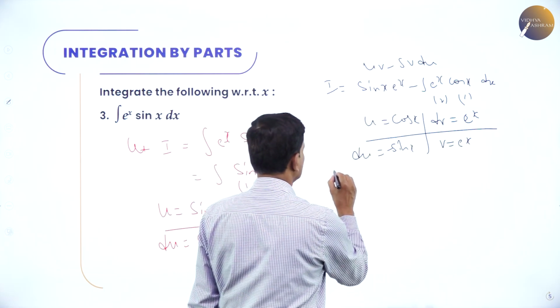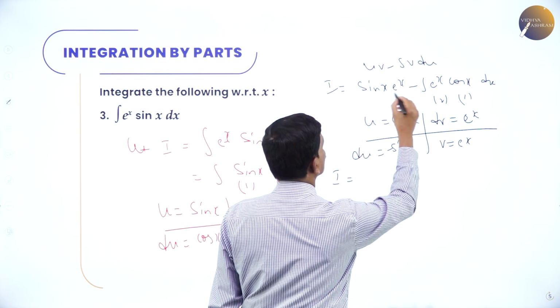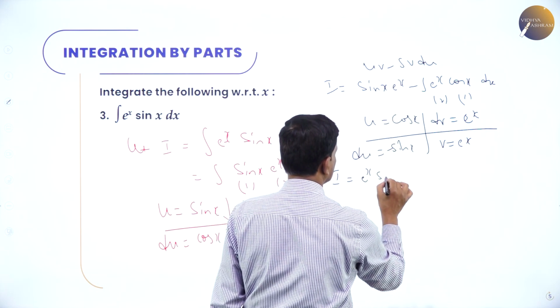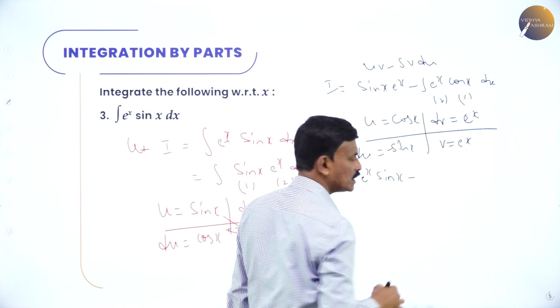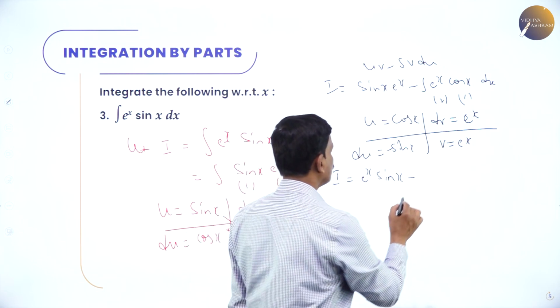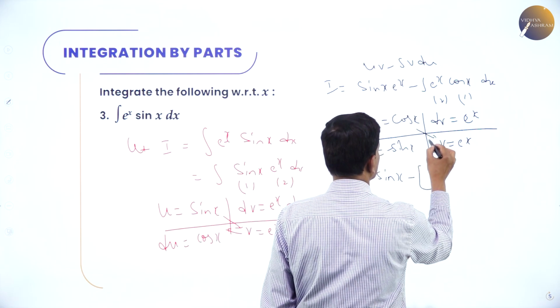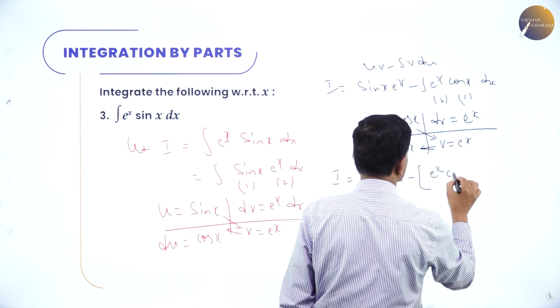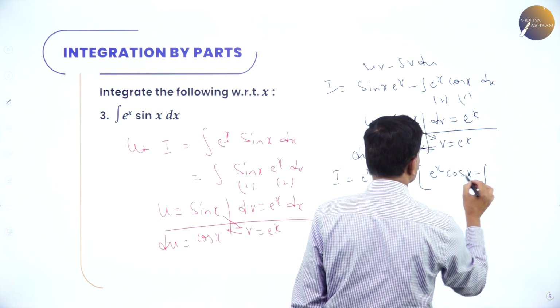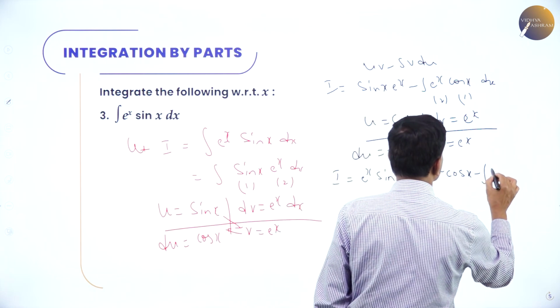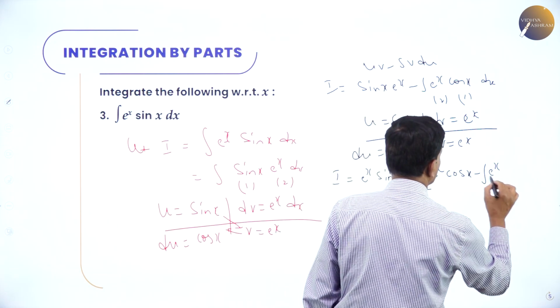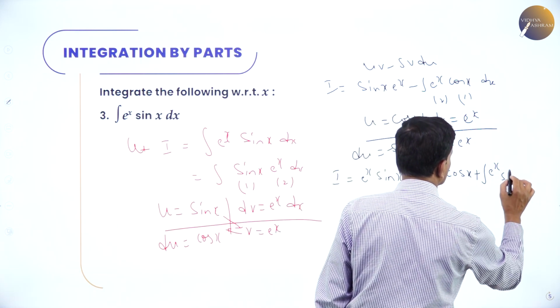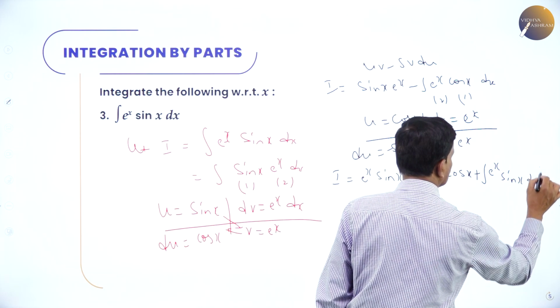Now therefore, what do we have for I? e to the power of x into sin x minus, applying integration by parts for this: first function, second function, e power x into cos x minus integral of v du. v is e power x into sin x, minus into minus plus sin x dx.